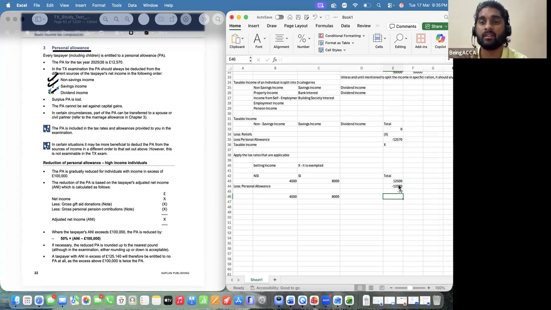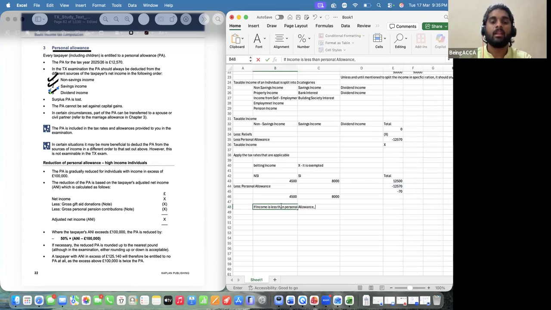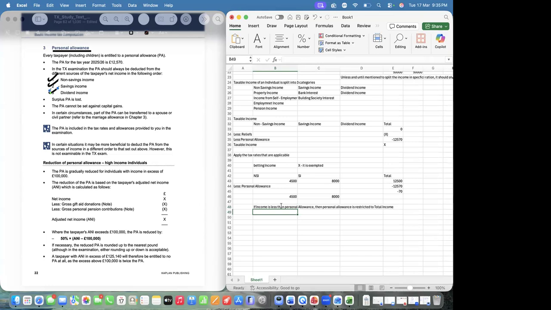That is not how it works. If income is less than personal allowance, then personal allowance is restricted to total income.